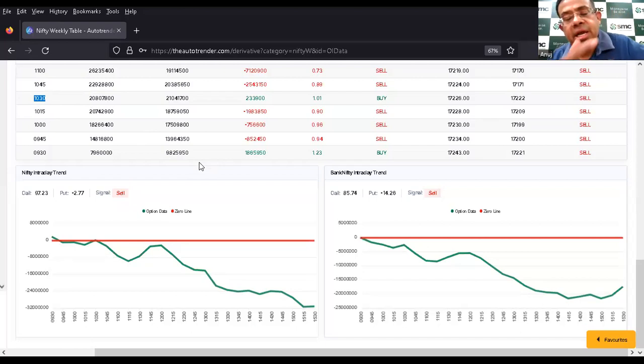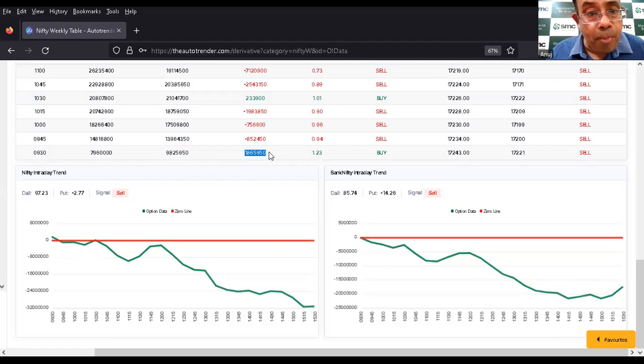Why it is important is just because now we will take out the difference and the PCR for the same and try to analyze the market at every 15 minutes and how it is progressing. So here you can see that at 9:30 call writers were 17.9 lakh 60,000, whereas put writers were 98 lakhs 25,950.